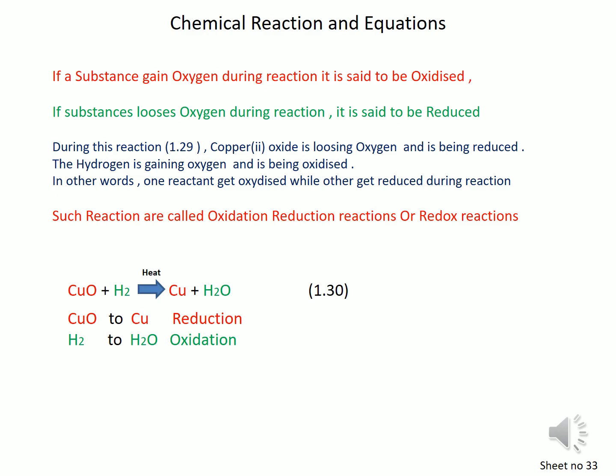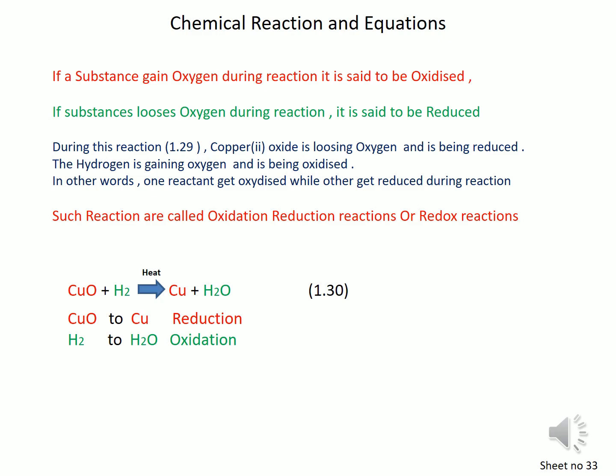Now we will see exactly what is happening with the different colors. CuO and H2 have reacted to form Cu plus H2O. Now this Cu I have indicated with red color and hydrogen H2 with green color. When CuO is losing oxygen, it becomes Cu. This is the red element.